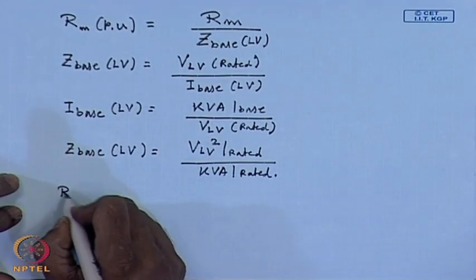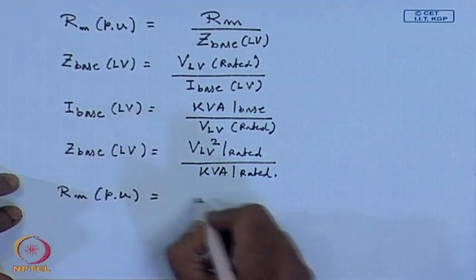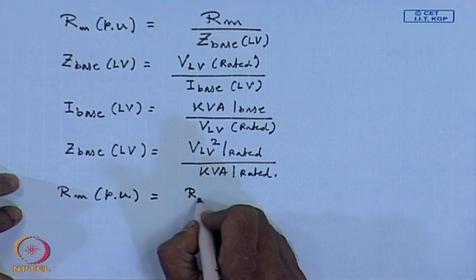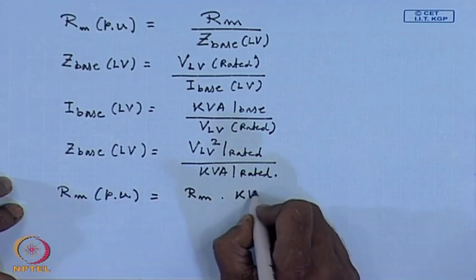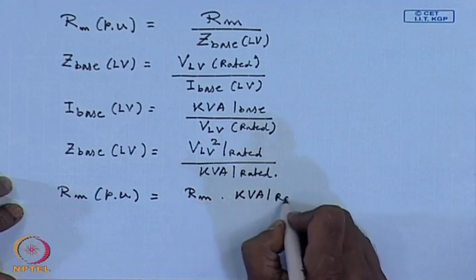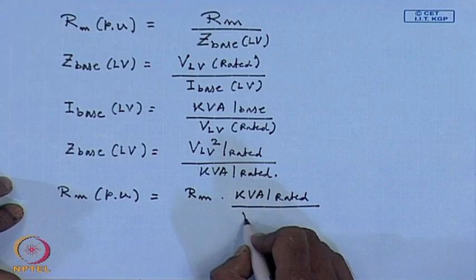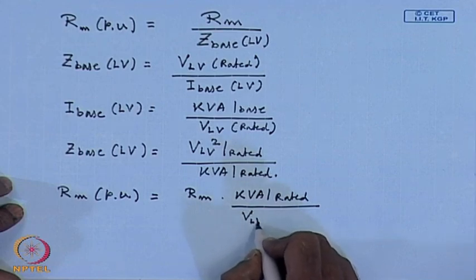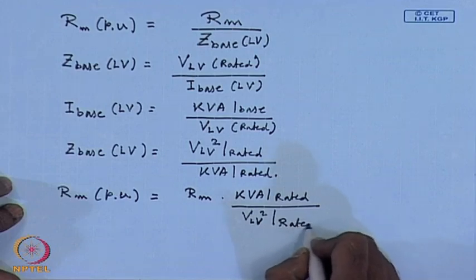Hence, Rm per unit will be equal to Rm into rated kVA of the transformer divided by rated LV voltage square.